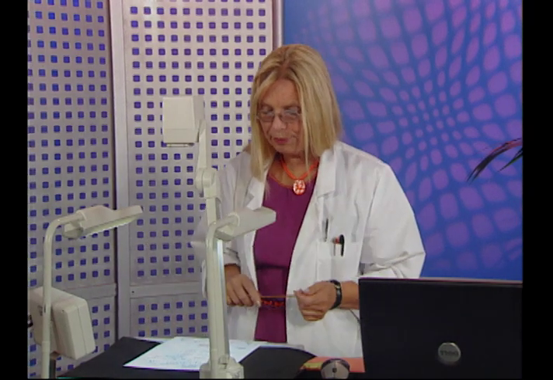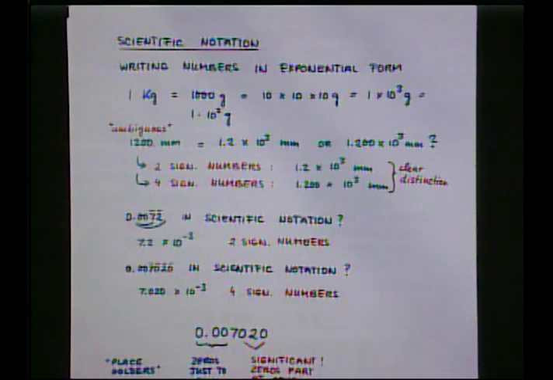Scientific notation is a way to describe a measurement in a very straightforward, very standardized way. That means we write any measurement in a 2-part setup.